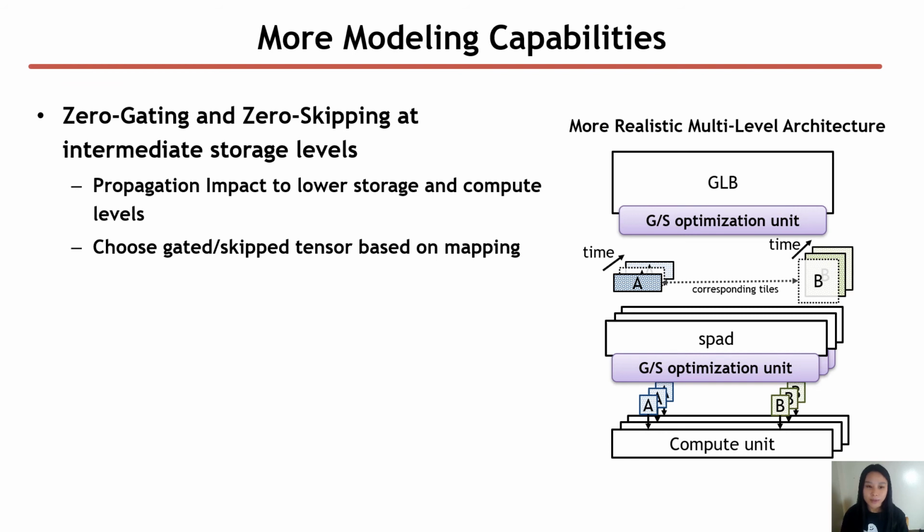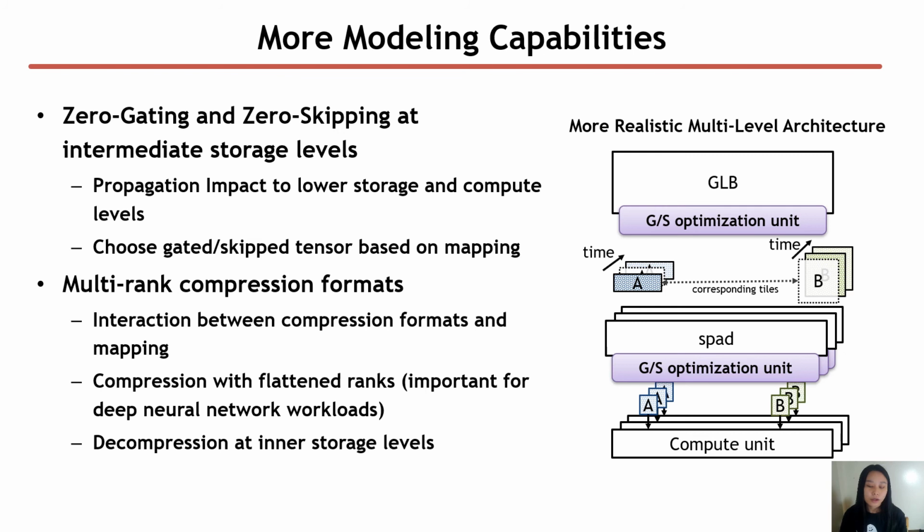Do you want to skip A based on B or skip B based on A? And this actually matters if you have different data flow or different problem specification. We are able to internally choose the better option for you if you allow us to do so in the framework, or if you don't, then of course whatever you specify will be modeled. So this is another thing that we support.